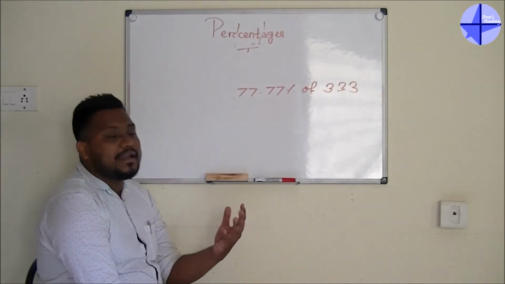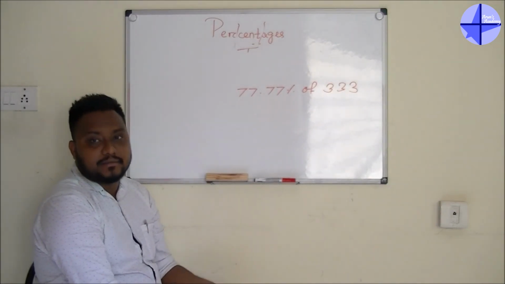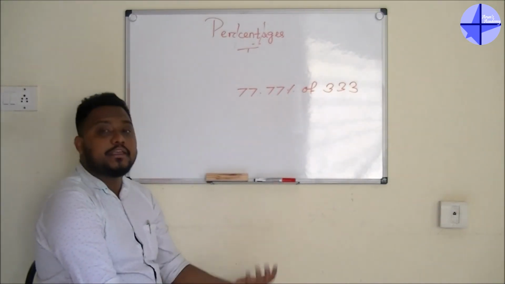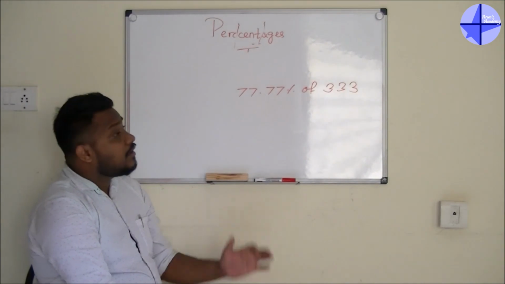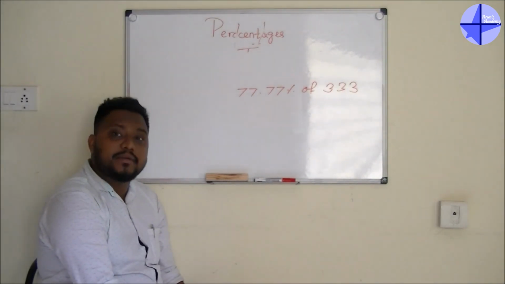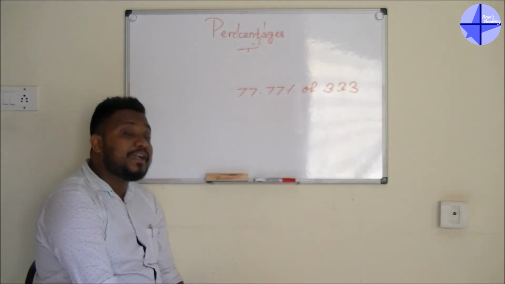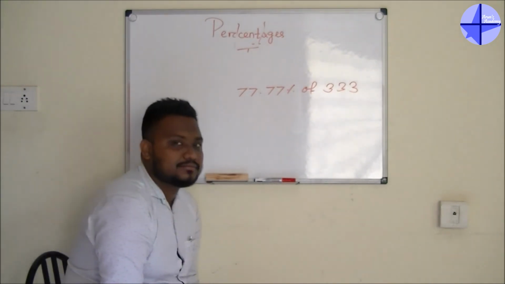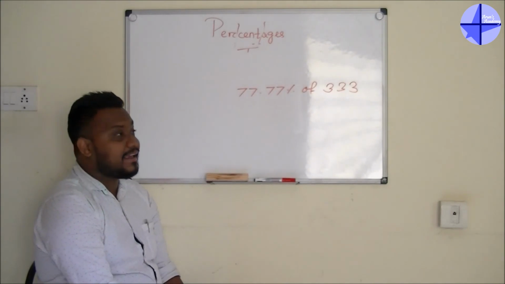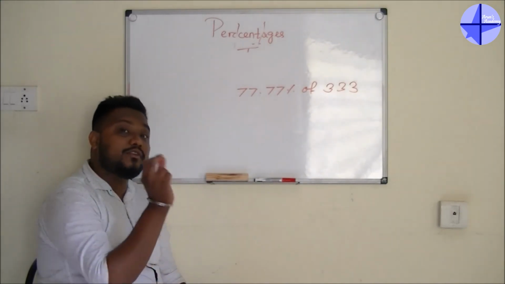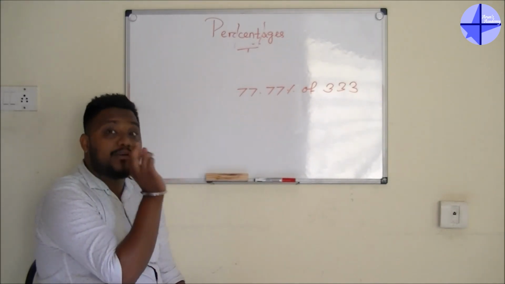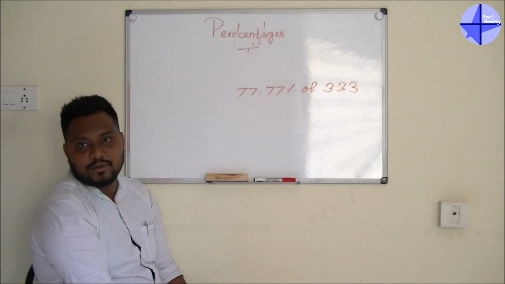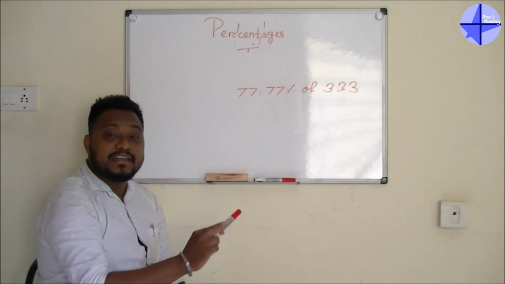Whenever they ask you to find 10% of something, whatever be the number, you can find it. Find 20% of something, whatever be the number, you can find it. If they ask you 29% of something, that time you think, not possible. Guys, if it is possible for 20%, it is possible for 29% also. If 20 is a number, 29 is also a number.